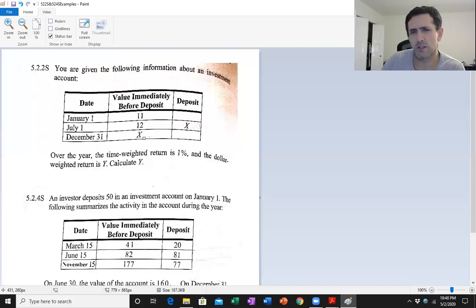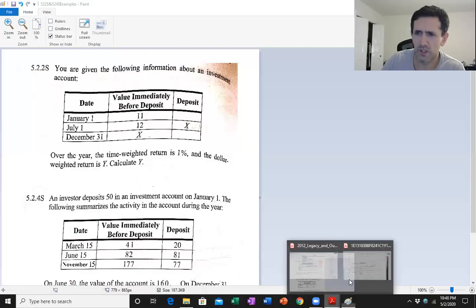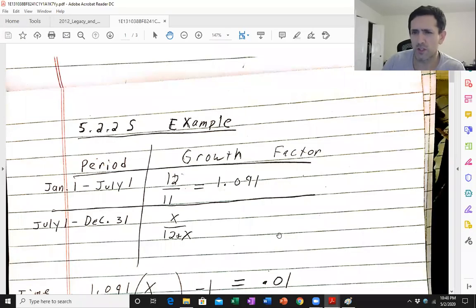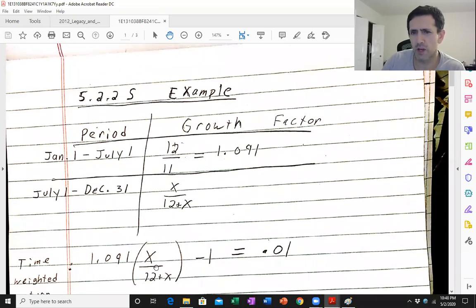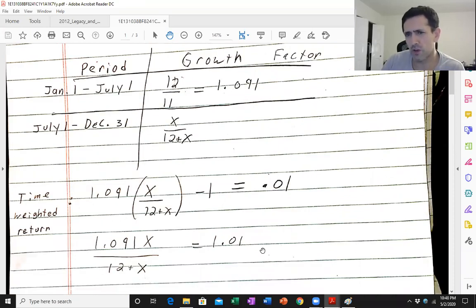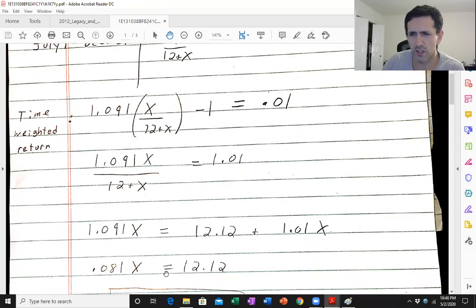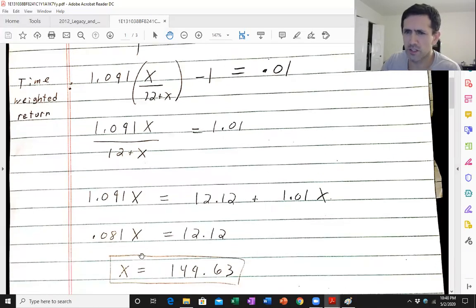There is no deposit on December 31st, so you end with X, and then you start off right after deposit with 12 plus X. So it's X over 12 plus X. Okay. Yeah, and then for the time-weighted return, you multiply these two together, subtract 1. We're given that it's 1%, 0.01. So you just solve for X, multiply both sides by 12 plus X, and you'll get X is 149.63.